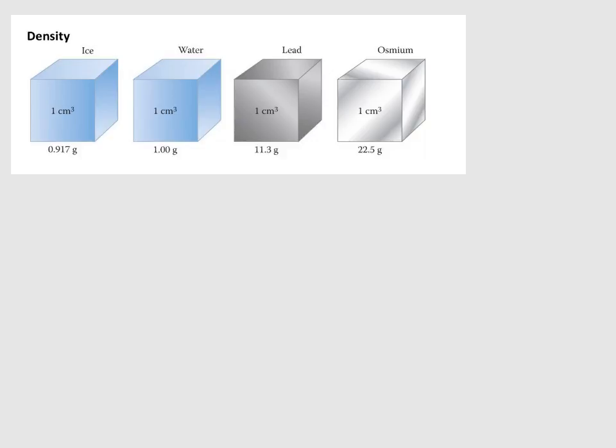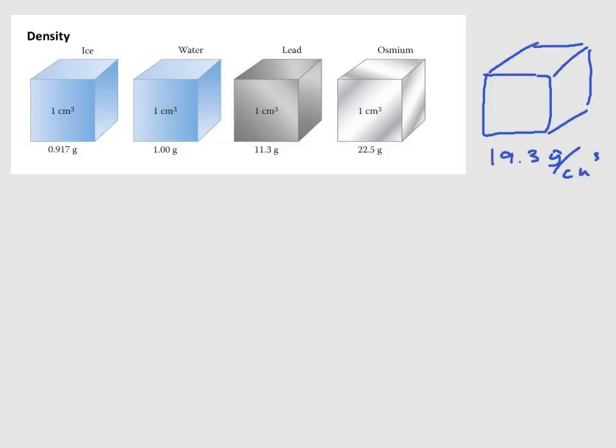If we had the same sized block and, instead of those substances, we had gold, the density of gold is in fact 19.3 grams per cubic centimeter. What I want you to understand about this is really important.